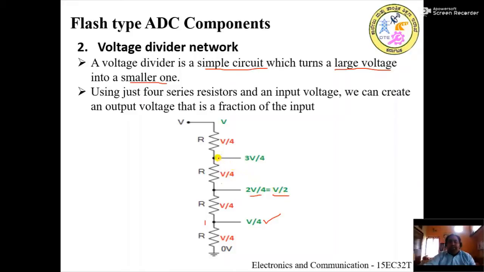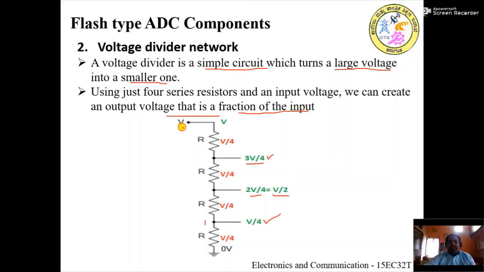Similarly, if you consider one more node and measure the voltage at this node, this would be V by 4 plus V by 4 plus V by 4, which would be 3V by 4. Like this, I will be getting the fractions of the voltage V at different nodes. So using such a voltage divider network, I can create output voltages that are fractions of the input voltage.